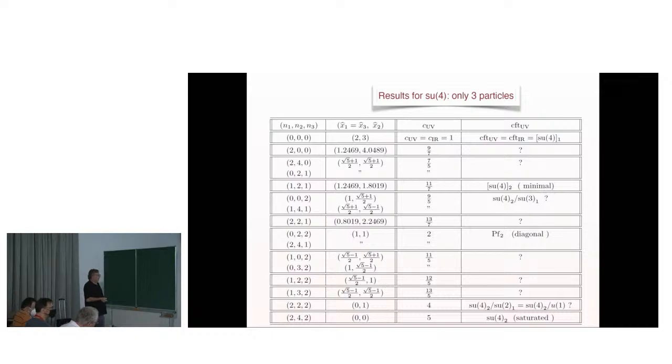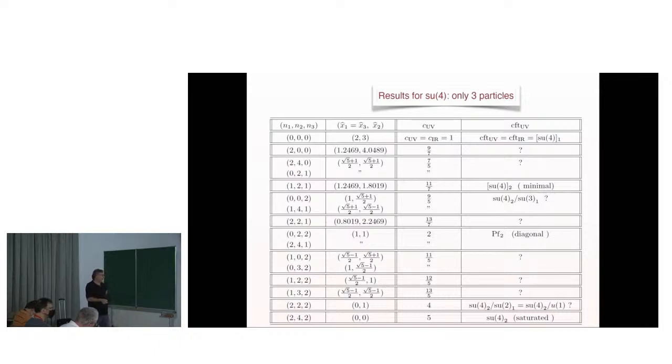And some of these other numbers, the ones that are multiples of 1/5, we don't know what they are exactly. But we completely specified the S matrices. These theories exist. We just can't identify them yet. They're probably related to some subgroups of SU4.